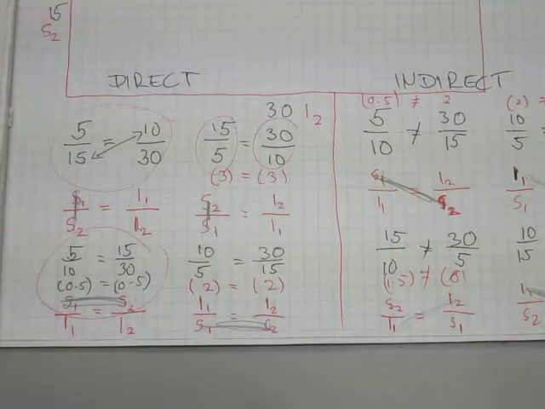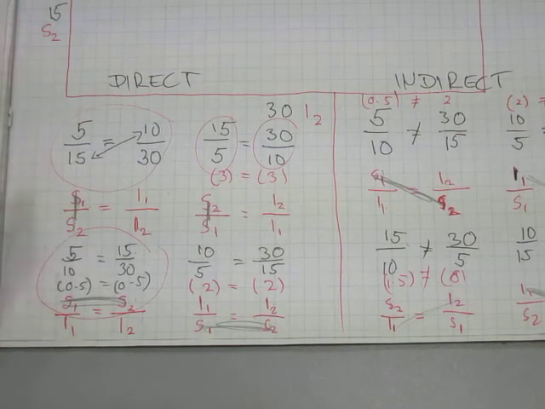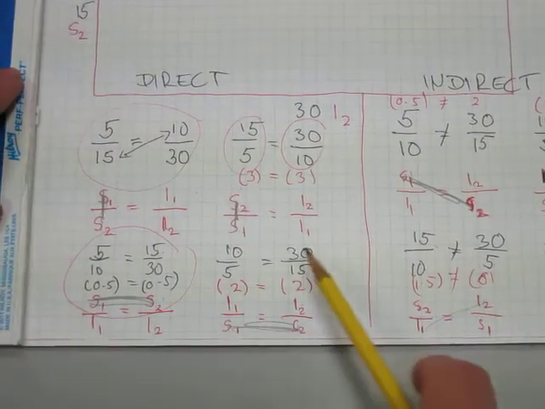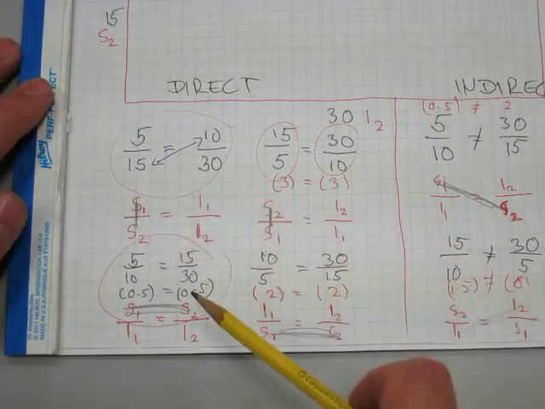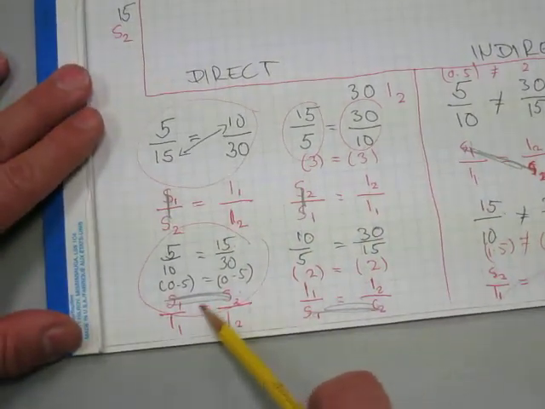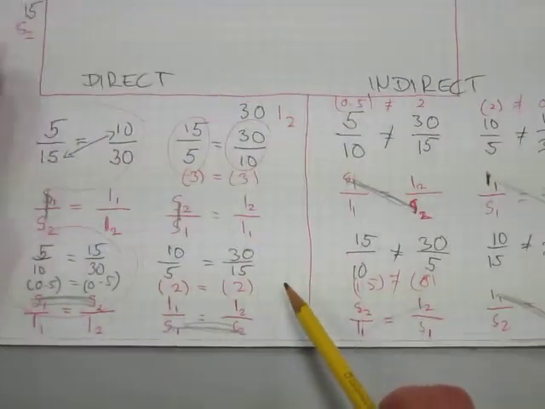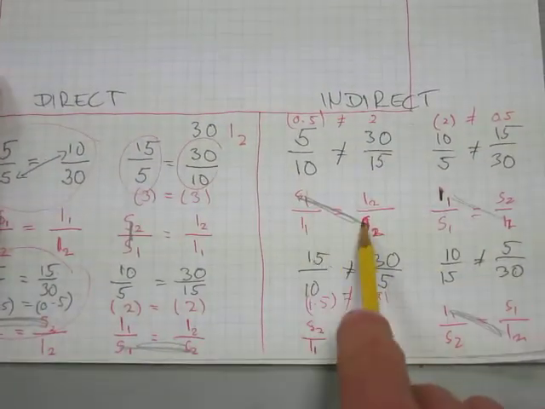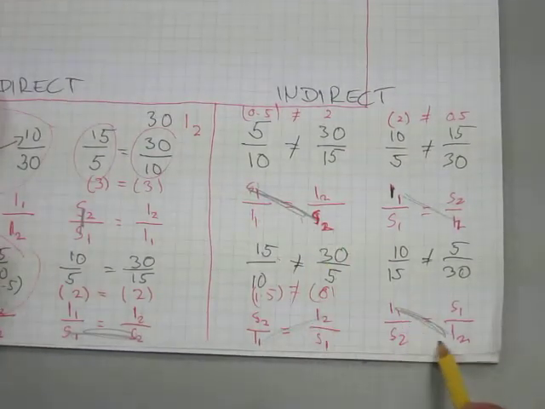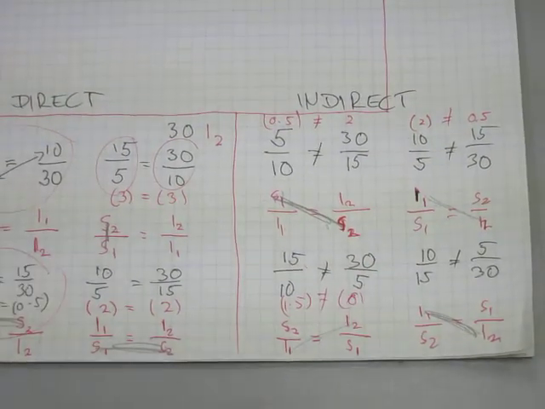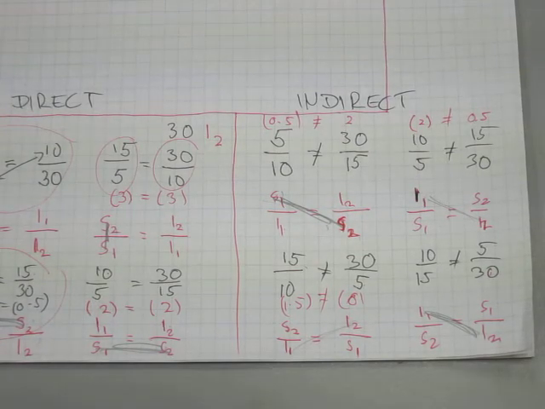You have to look at the letters where the amounts are actually written. In a direct proportion again, the similar amounts are either stacked vertically or horizontally, and in indirect proportion the similar amounts can be found across each other on a diagonal. That's what makes the difference between the forms.